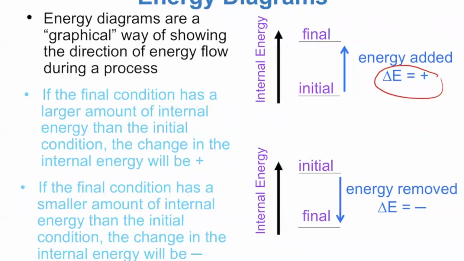If you want the piece of ice to melt, the ice is going to get energy from the surroundings, so it's going to be a positive delta E. However, if you're trying to freeze the water, we're going to have to remove energy. So it's going to be the opposite process.